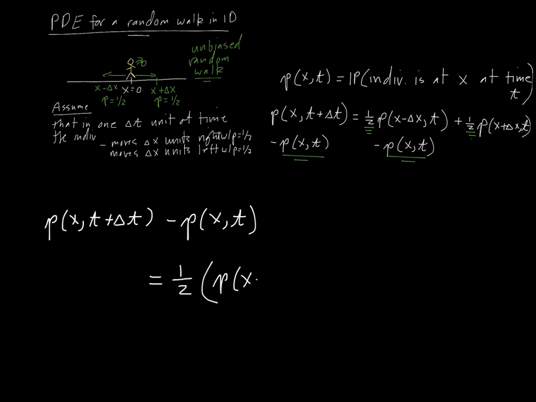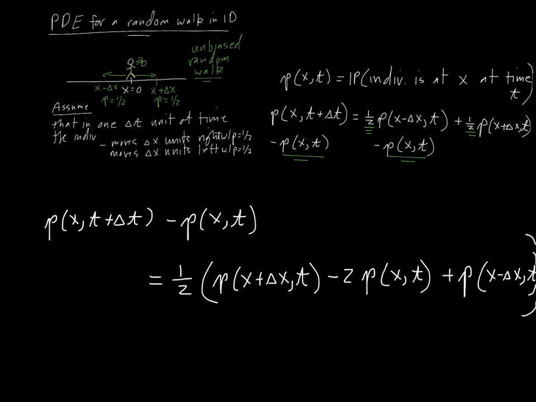So let's look at p of x plus delta x, t. And since we pulled out a half from something that didn't have it, the remainder will have a 2 p of x comma t, and then finally plus p of x minus delta x comma t. And that whole thing gets put in those parentheses there.